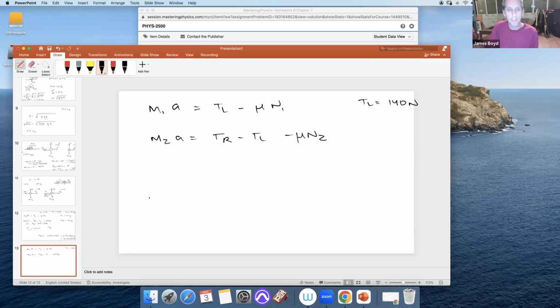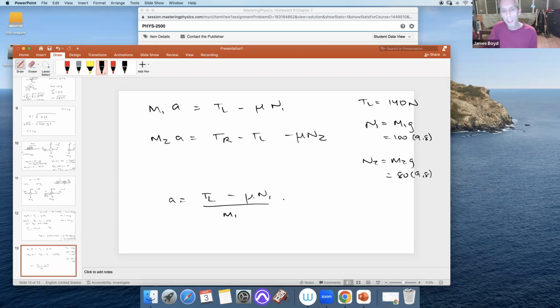So let's find A. M1A is TL minus mu N1, but N1 was M1G, which was 100 times 9.8. N2 is M2G, which is 80 times 9.8. So this is mu N1, and I want to solve it for A. So divide by M1.